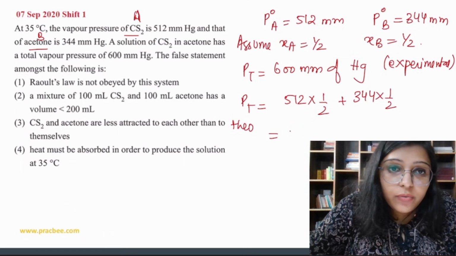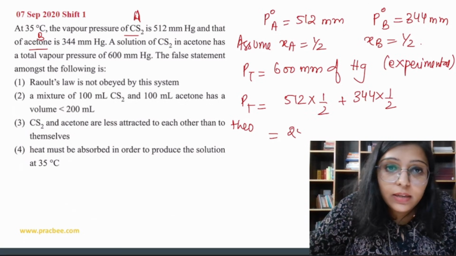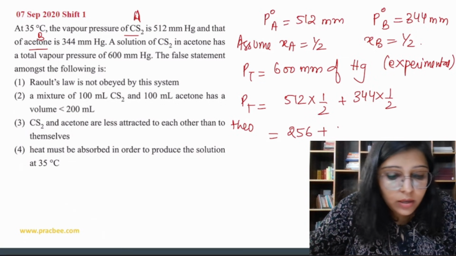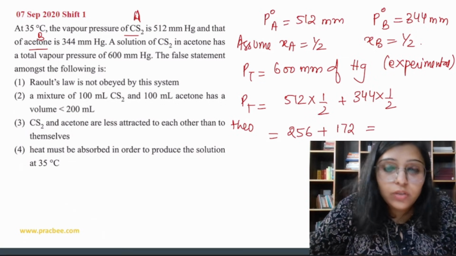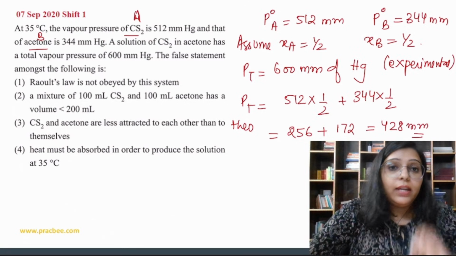Okay, so when you solve this, you get 256 and 172. So on solving this, we'll get 428 mm of Hg, right?